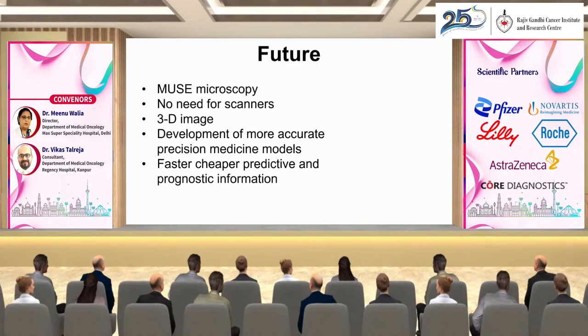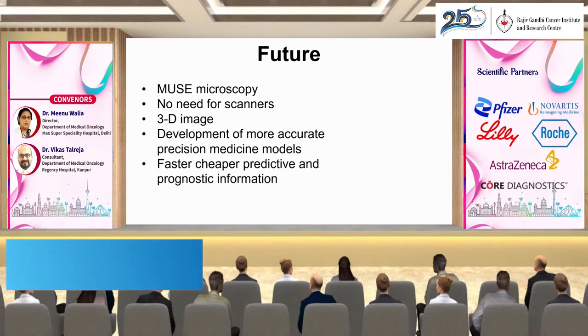Now just something about the future. MUSE microscopy is basically microscopy with ultraviolet surface excitation. It is a novel microscopy technique which can actually scan the tissues on the blocks also. So there is no need for scanners, no need for a bright field microscope.